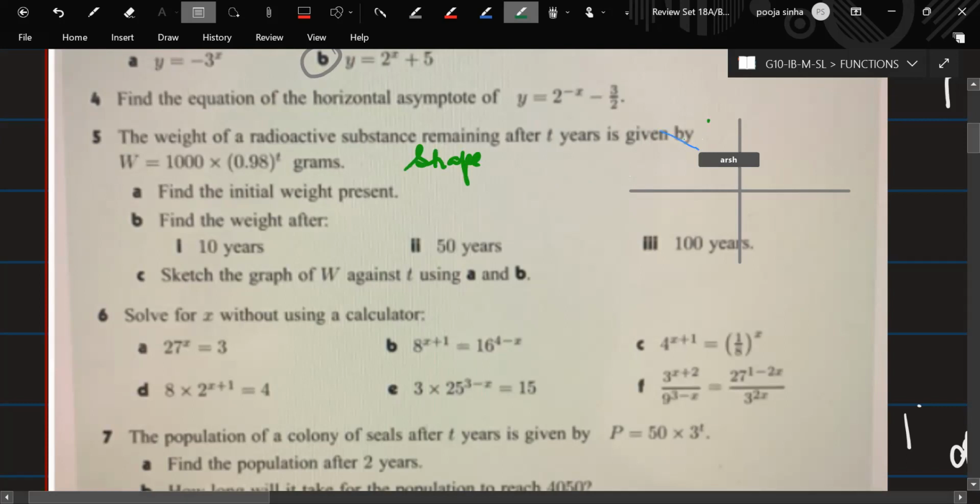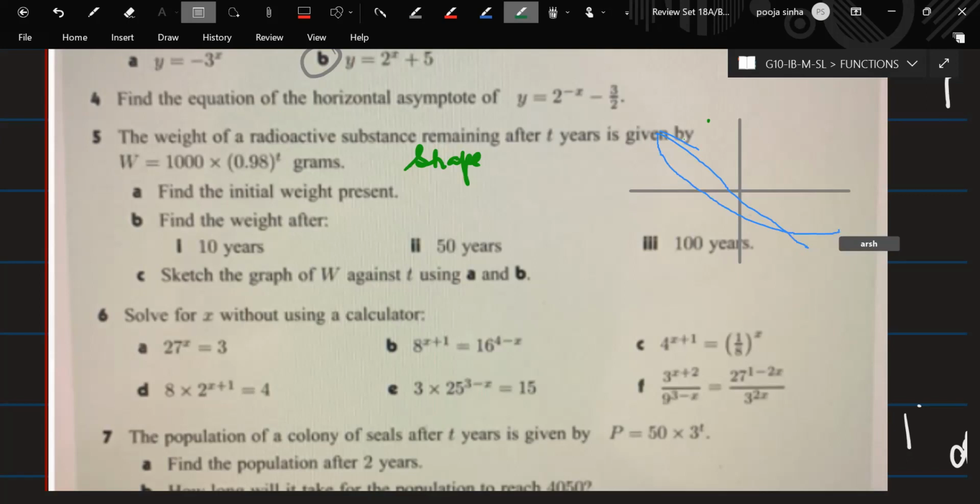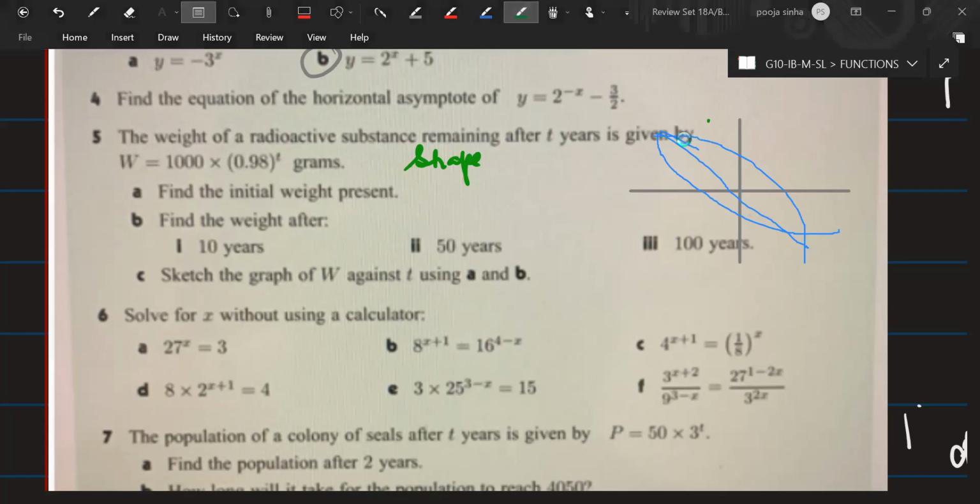I think it's like this, or it's like this, or it's like this. Miss, I don't know which of these it will be. That's what we need to know. Shape means you have to tell me this.